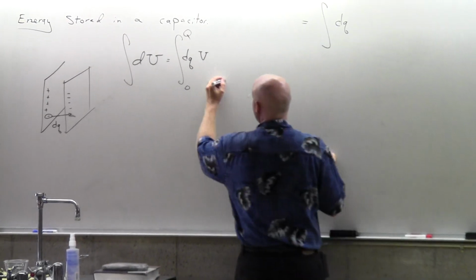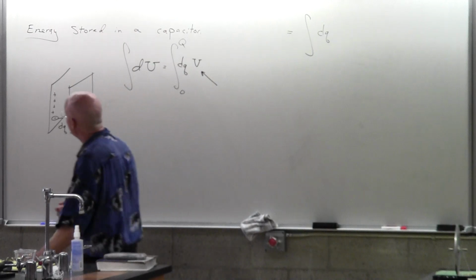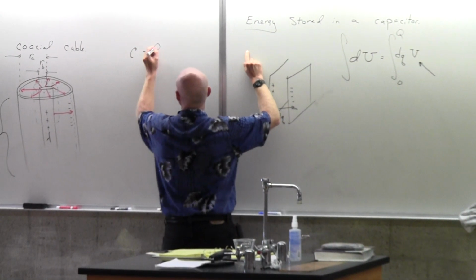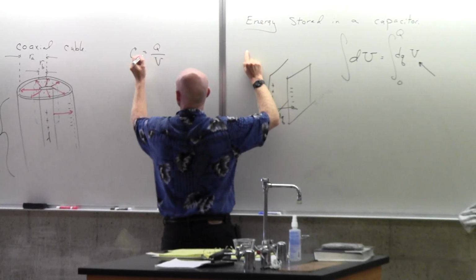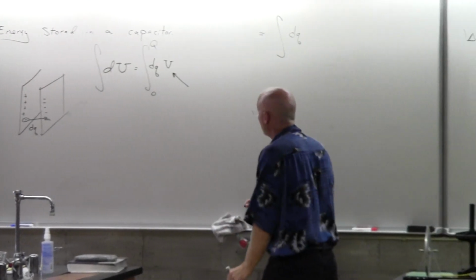Now here's the neat thing about it. I will replace the voltage with, and I used to have it right here, so I will put it back, but I will remind you of the definition of the capacitance. It is charge per volt.